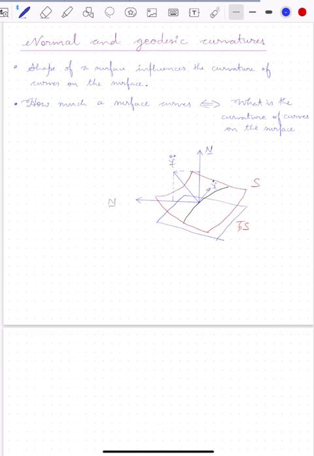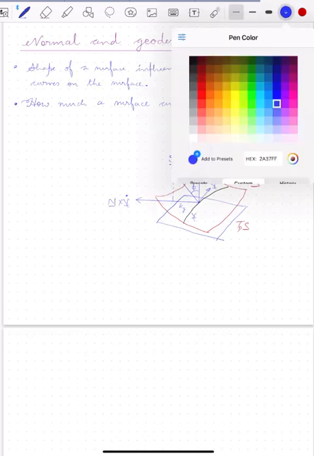This is obtained by n cross gamma dot, right? And we have this as an angle phi, and this is kappa. The component along n is kappa n, and the component along n cross gamma dot is kappa g, right? Okay, and this angle is theta. Fine. And of course, the curve is given by gamma vector, right?